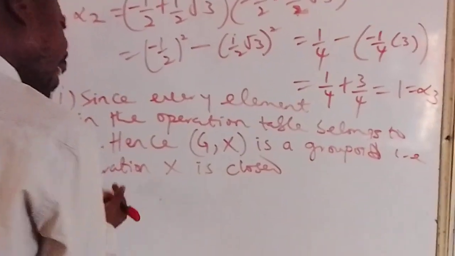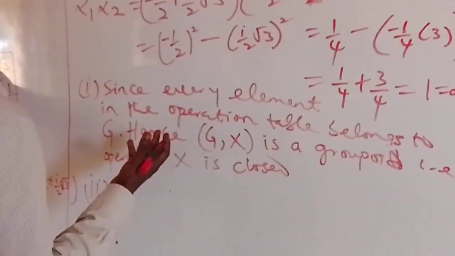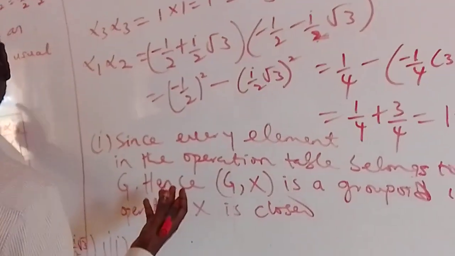So associativity, we are going to involve 3 elements of the set in accordance with the binary operation, which is multiplication.